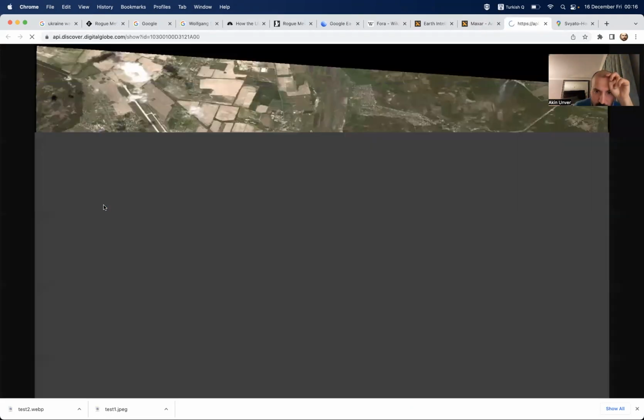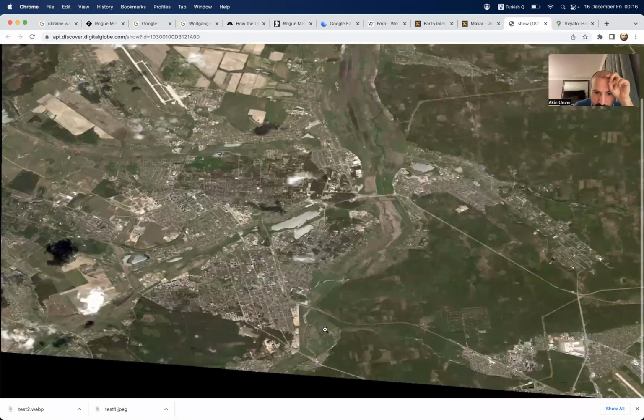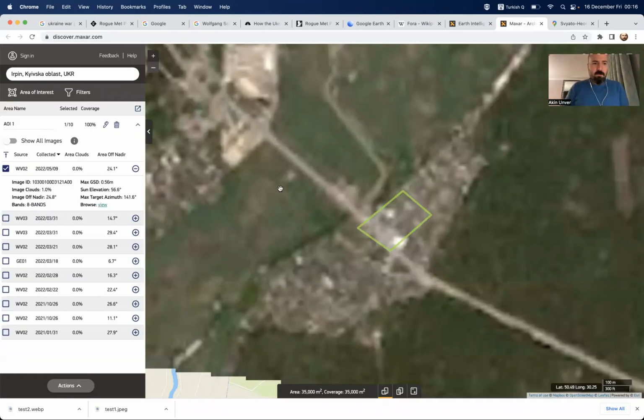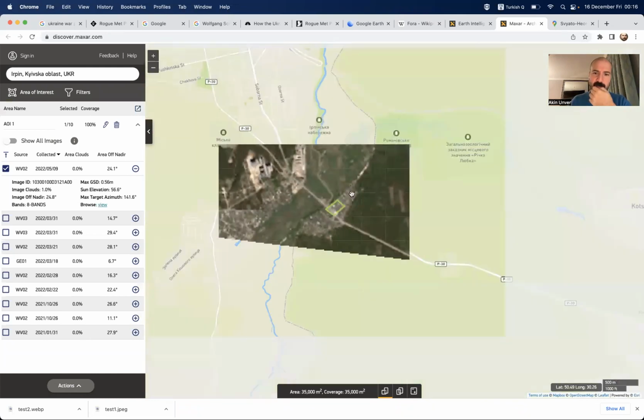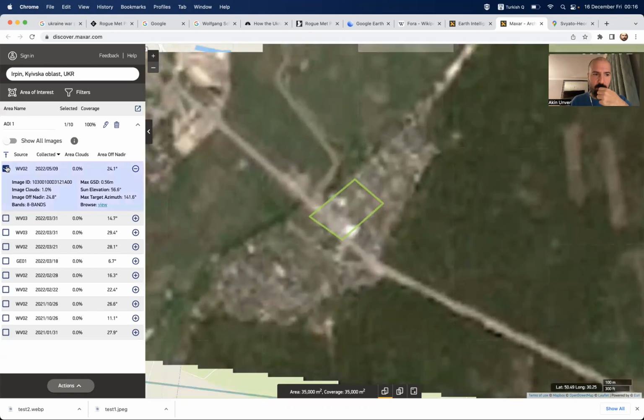So when I say browse, it gives me the whole aerial data. And what I'm looking for is around here. The problem with this is that it's very low resolution. Satellite imagery has types of resolution. So yes, this is not bad. It does contain the place that I want, but it's so bad resolution.